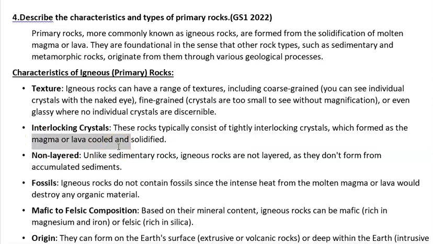Then non-layered fashion. If you compare sedimentary rocks and igneous rocks, layering is a feature of sedimentary rock and not igneous rocks. Why this layering? Because there are layers of sediments accumulated in sedimentary rock. Then fossils. Igneous rocks do not contain fossils.